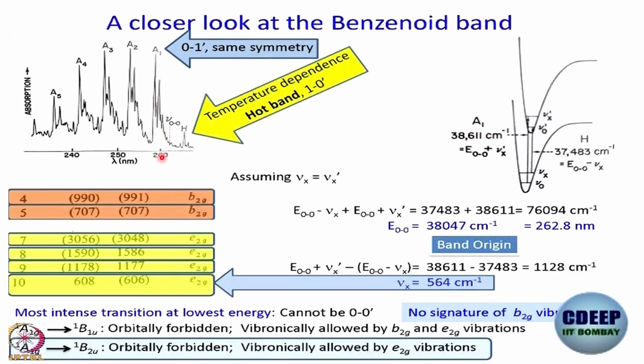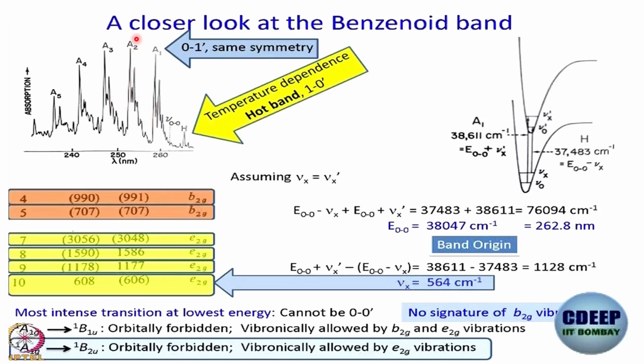That has been taken from this A1 peak. Is that part clear? And these multiple peaks are due to rotational lines, again rotational.